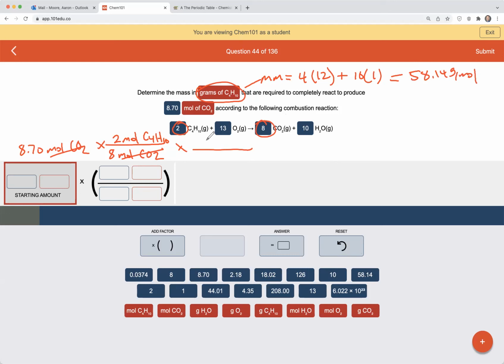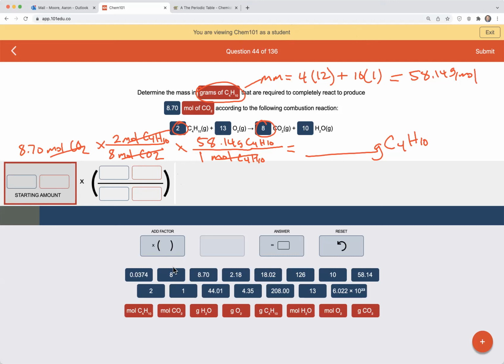Okay, so that's what we're going to use here, because by definition, 1 mole of C4H10 is 58.14 grams of C4H10. Okay, so units of moles of butane cancel, and right now I have units of grams of butane, C4H10, which is what I want.